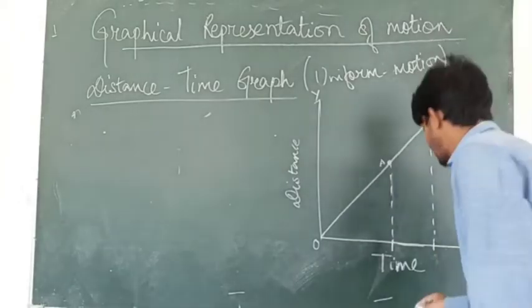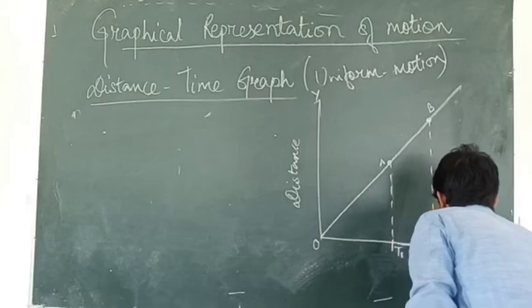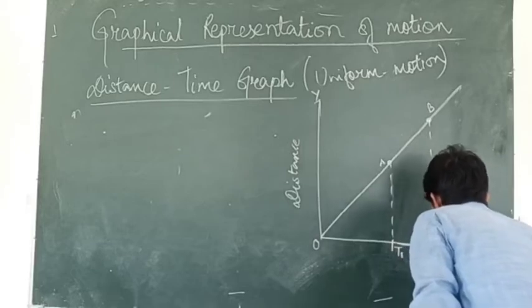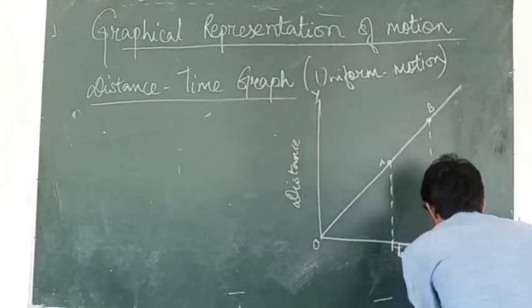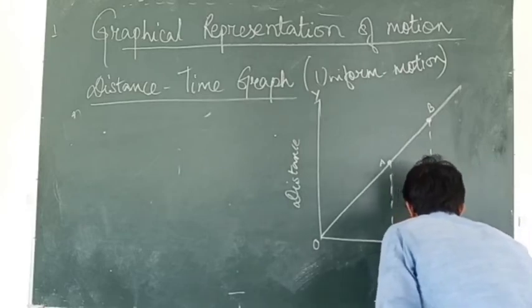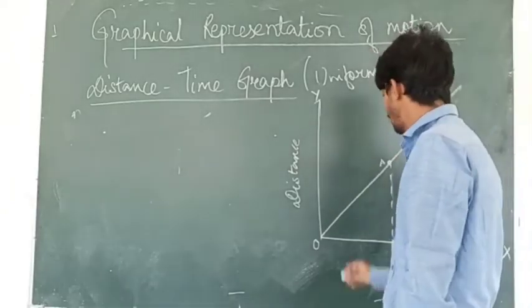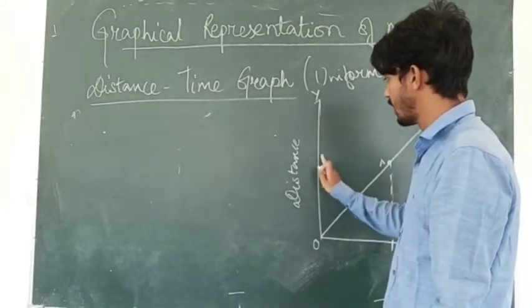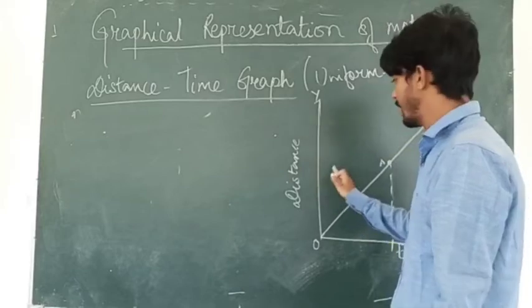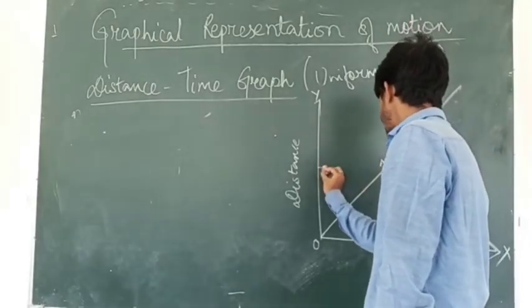Let me name the points P1, P2, small d, both are small d actually. Then I will mark the points in the y-axis, taking the perpendicular from there up to this point. It will be somewhat like this.